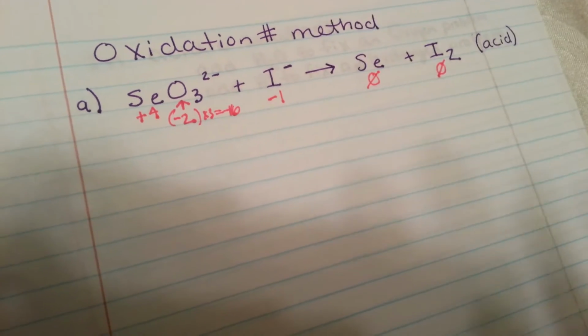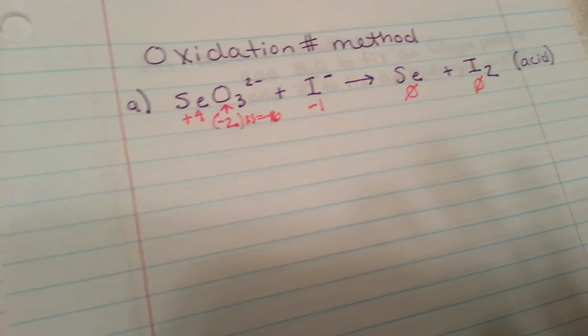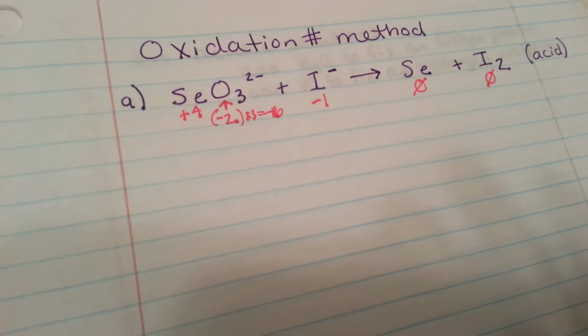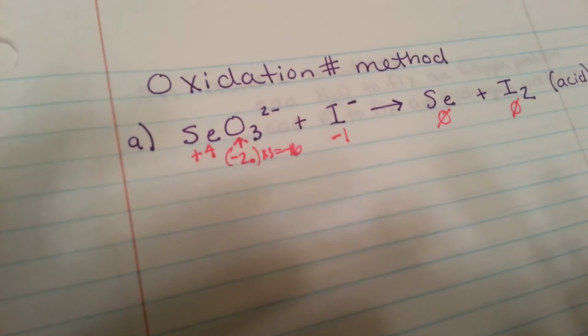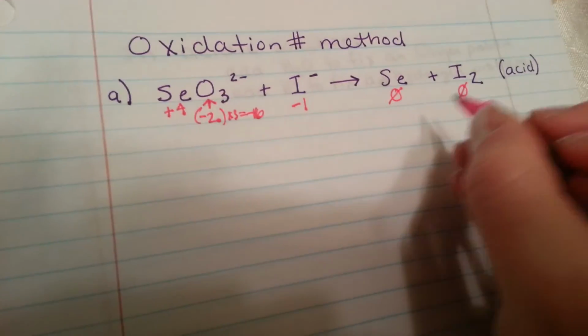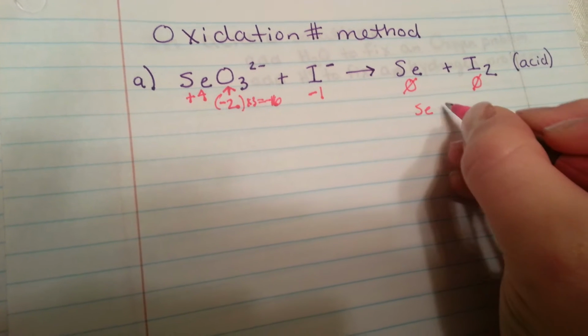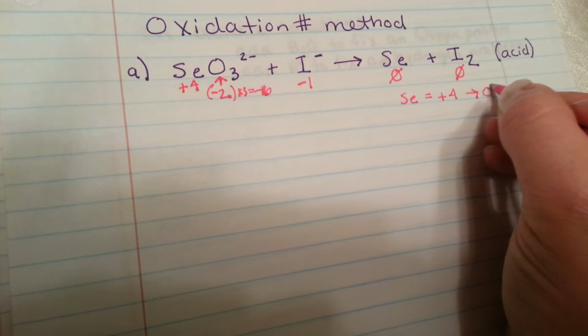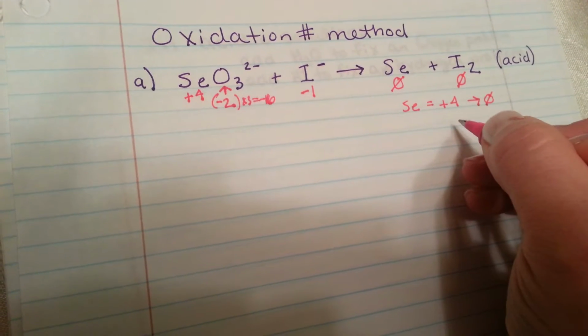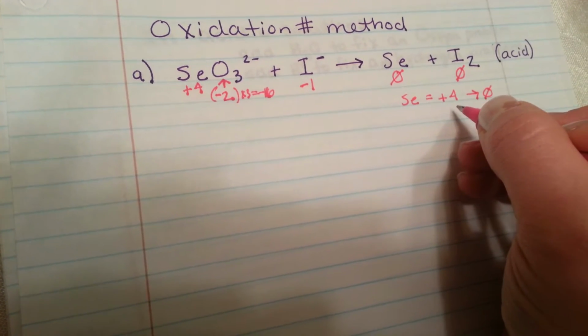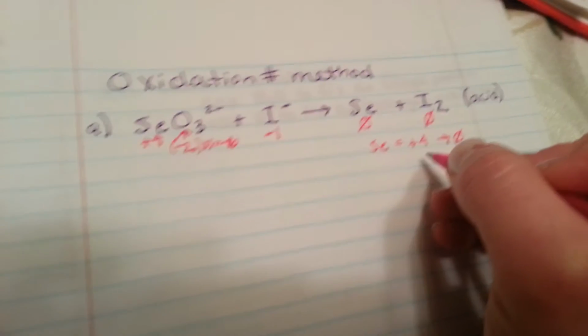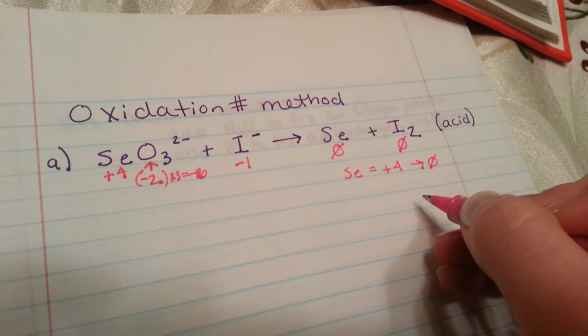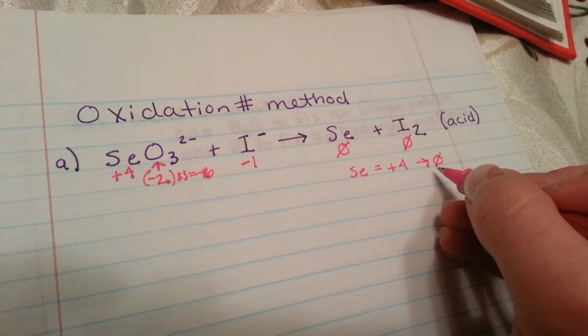So our second step, according to our steps, is to identify the atoms that are oxidized and the atoms that are reduced. So if we notice, our selenium went from being a +4 to a 0. And to do that, to go from being +4, meaning I have more protons than electrons, the selenium had to gain 4 electrons to get back to 0.